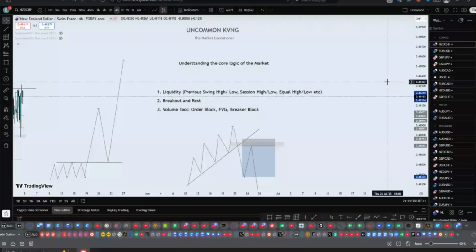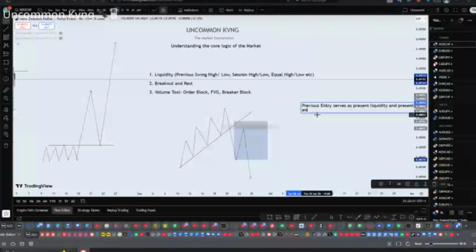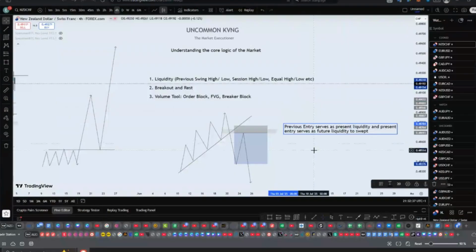Sometimes I tell people that one thing about liquidity is that previous entry serves as present liquidity and present entry serves as future liquidity to be what? Swept. Do you understand my point now?